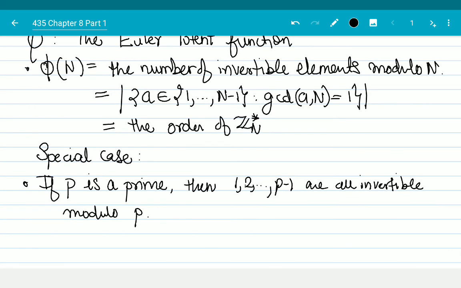In particular, that means phi of n, which is the order of Zp star, is just p minus 1.